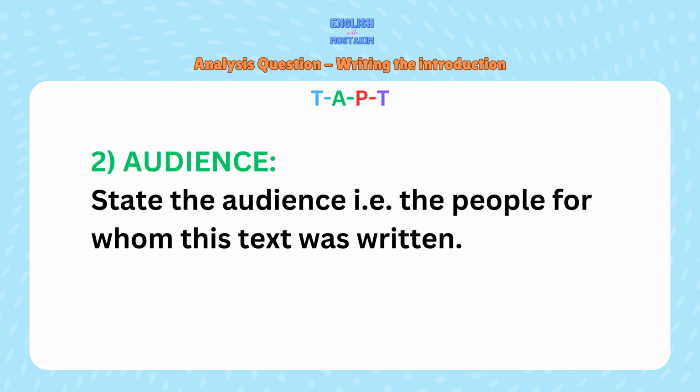For example, teenagers, adults. Many kinds of people will like them. But Game of Thrones is written only for adults. So most texts or stories or articles are written for only a certain demographic of people or a certain group of people. We have to deduce that and write that in the introduction part.